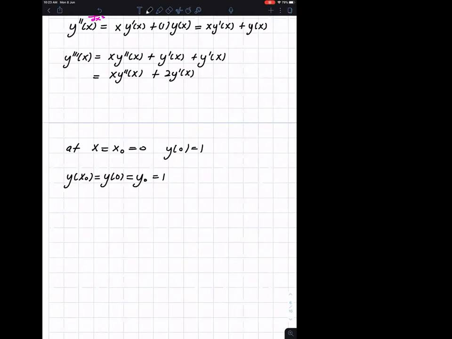You just evaluate the first derivative, second derivative and third derivative of y at the given point. The given point is at x equals 0, y equals 1.